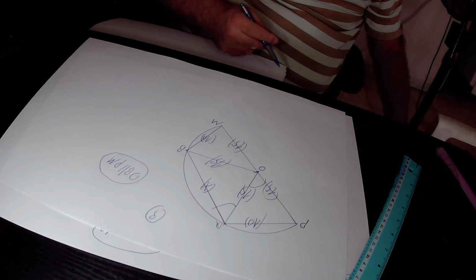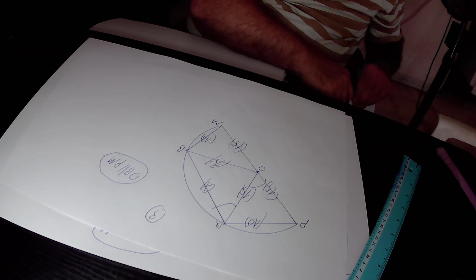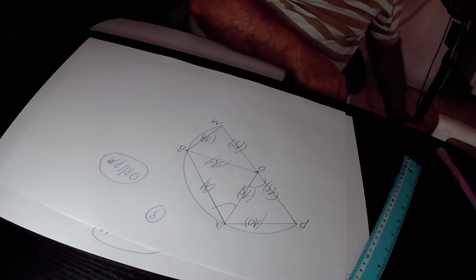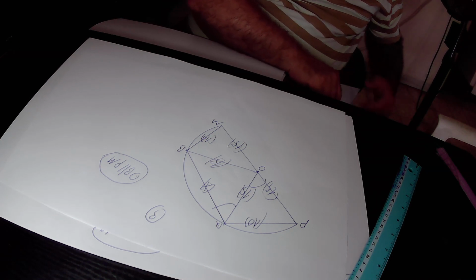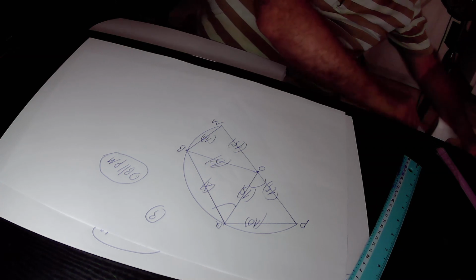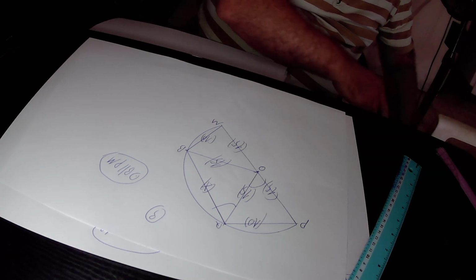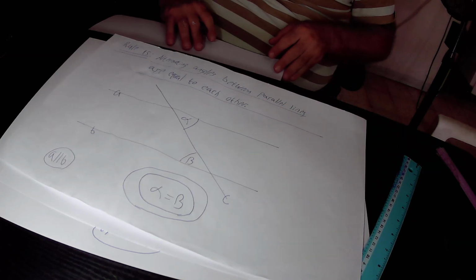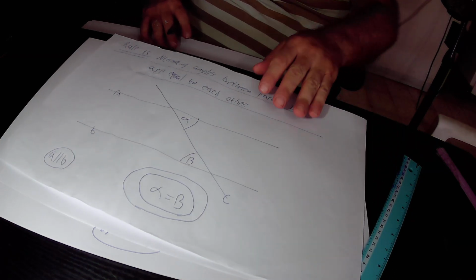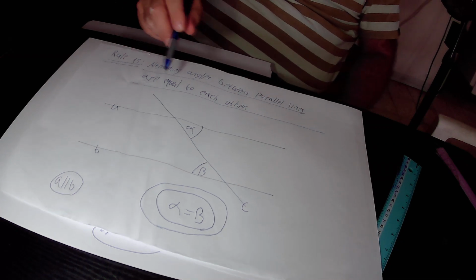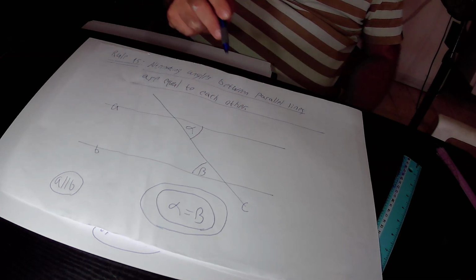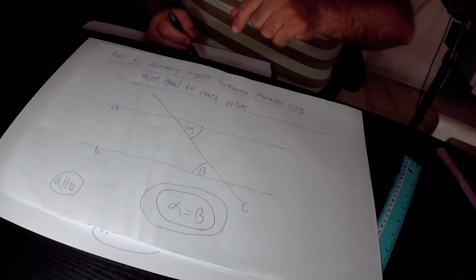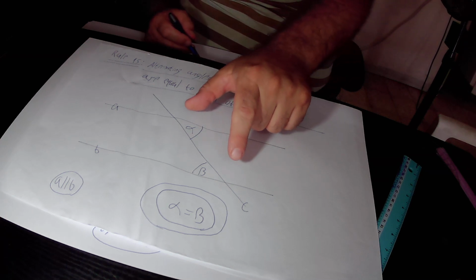So I repeat quickly on rule 15. According to rule 15, alternating angles between parallel lines are equal to each other. So in the drawing we have line A that is parallel to line B. This is line C that intersects with those two parallel lines at those two points.